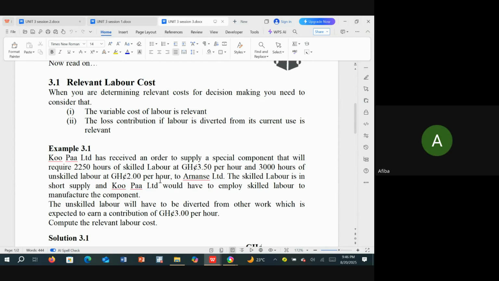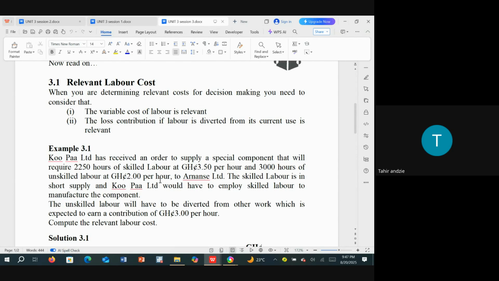Because they said that the unskilled labor will have to be diverted from other work, which is expected to earn a contribution of 3 cedis per hour. Because we are diverting them. Very good. Because the concept you are learning is that for labor, the lost contribution, if the labor is diverted, is what is relevant.